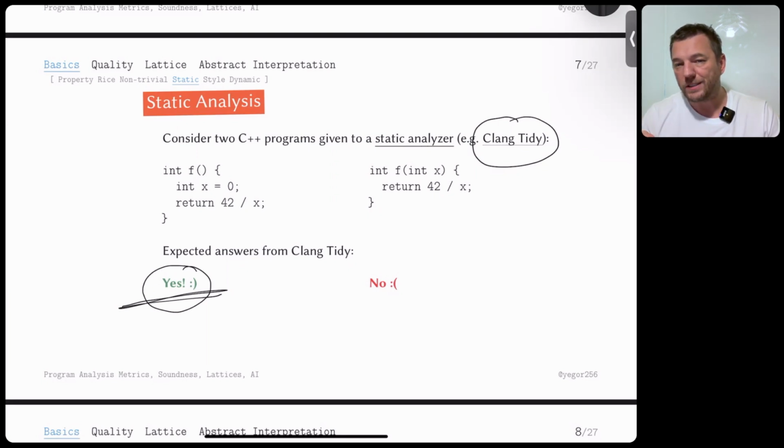The property which an analyzer detects, a non-trivial semantic property, is whether the program will fail with a mistake, with an error message, or not. So if the analyzer says yes, it means: I see this property, I see that the program will fail with a bug. That's why it's in green color.